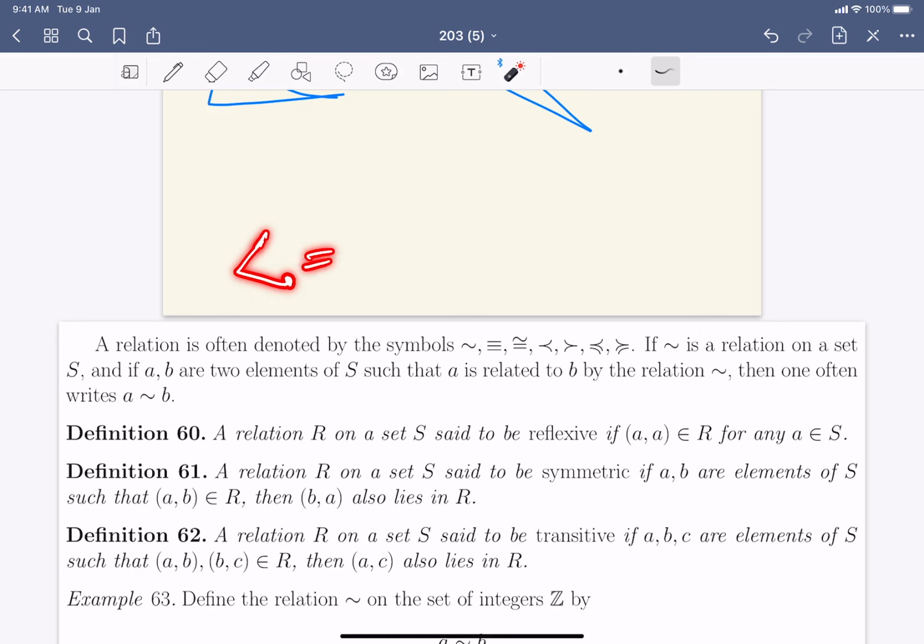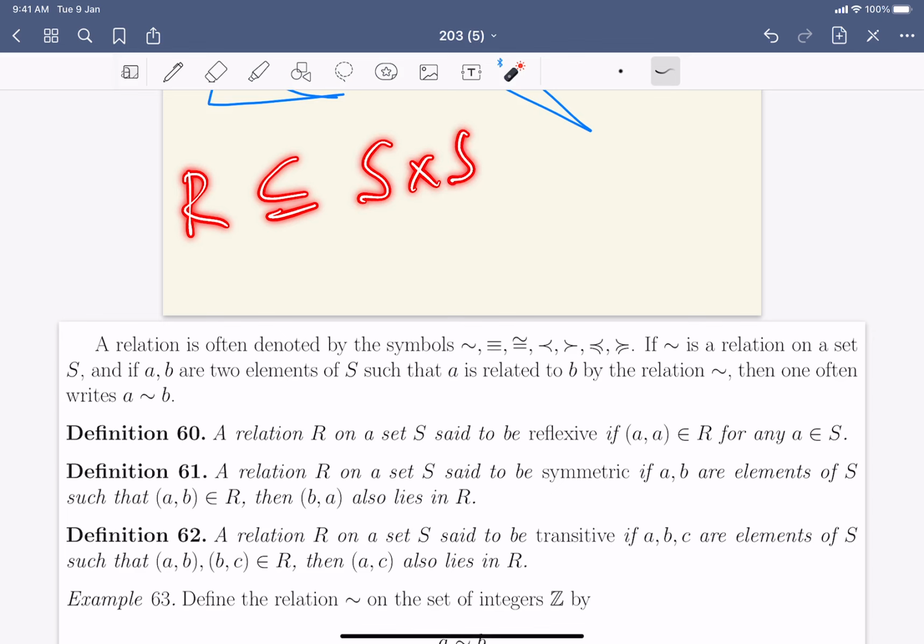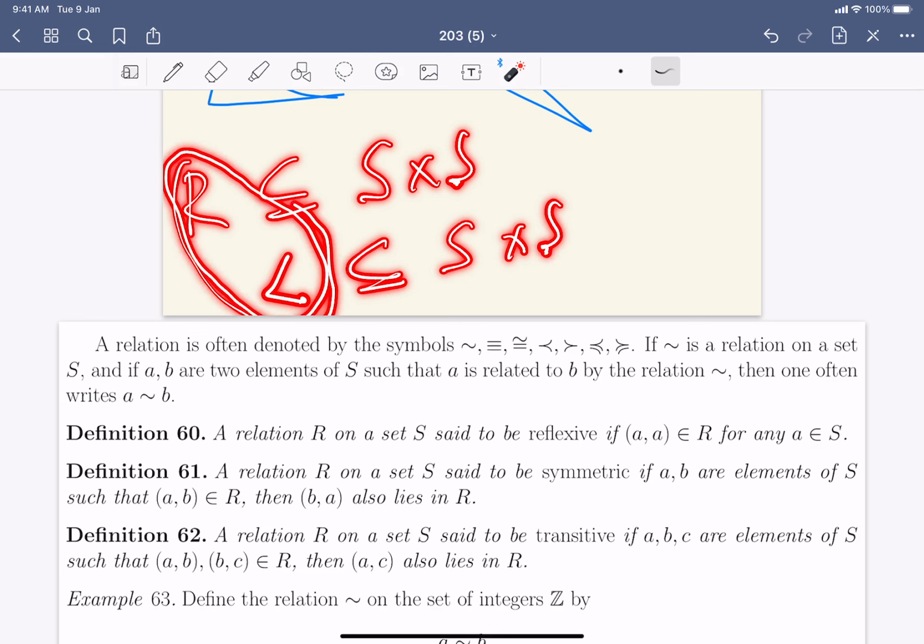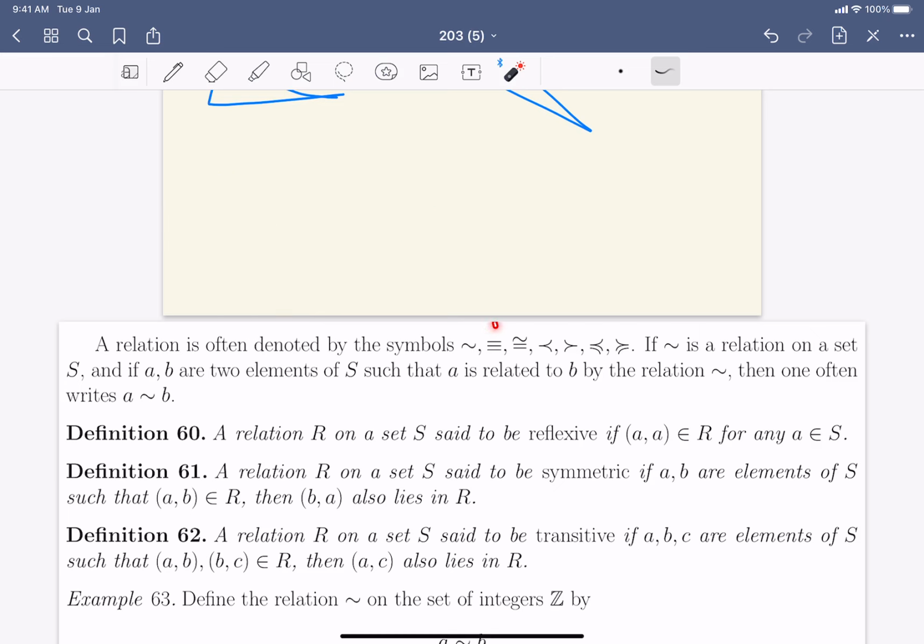Okay. So when you say that we have to have a subset R of S cross S, instead of that we will say that suppose we have a relation less than contained inside S cross S. Okay. So don't be surprised. Sometimes we'll replace R by the symbol less than, or maybe one of these.